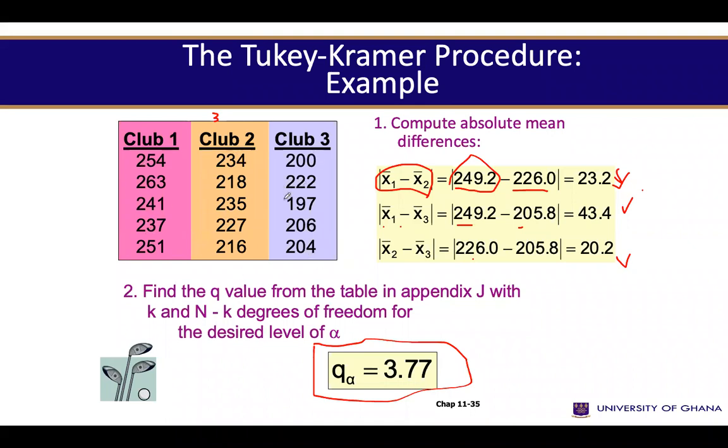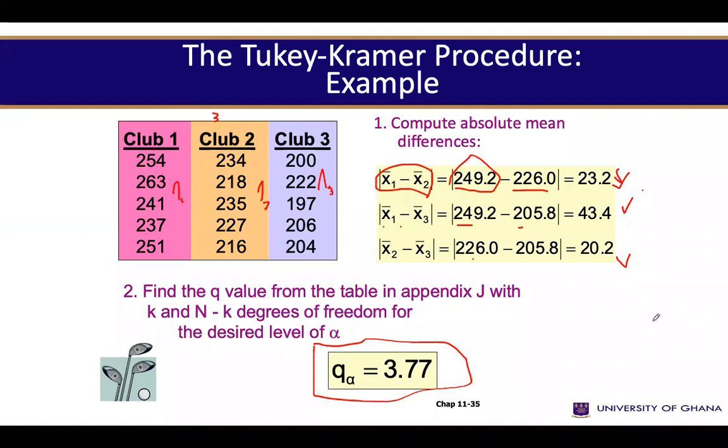So if you count all of them, you have 15. And the NIs are the sample sizes in each group. So this is like N1, then this is like N2, and then you have N3, basically.